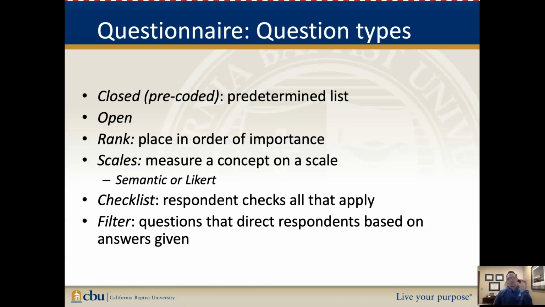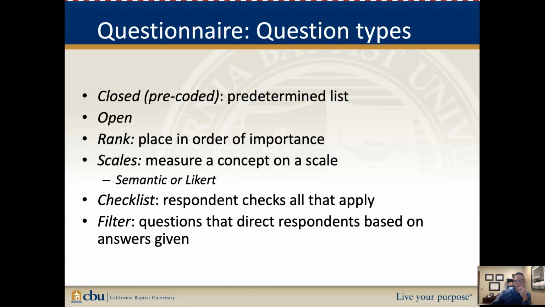And then if they answer Donald Trump, they circle a 1, then they have a different version of the survey, let's say. And if they answer Joe Biden, then they go to another version of the survey. So filter questions help you direct respondents based on a specific given answer that they might choose because you want to direct them that way.